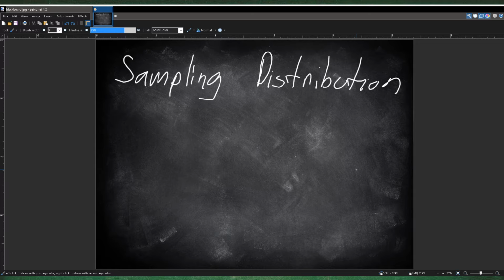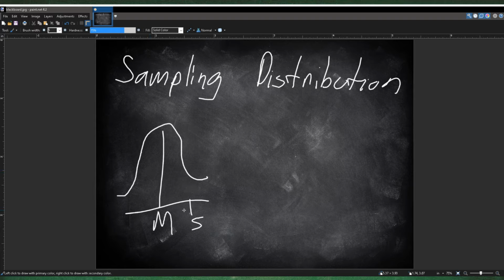So for normal models, there's a mean right here, a standard deviation, and for Z models, you're going to use something called a Z score.